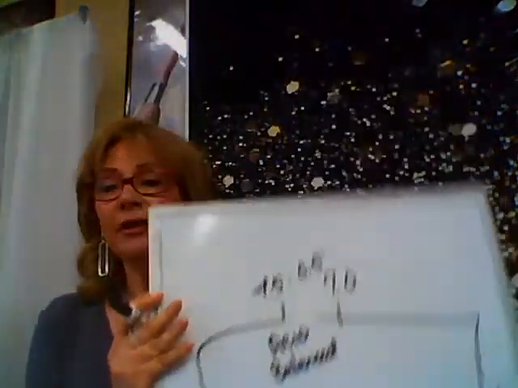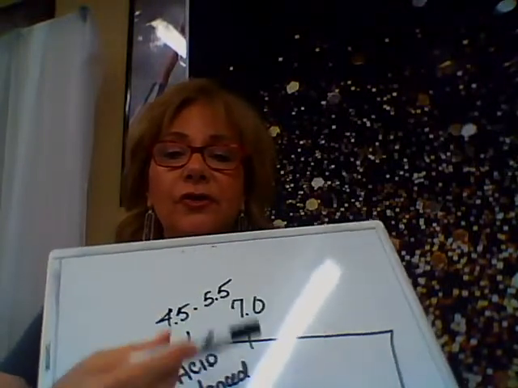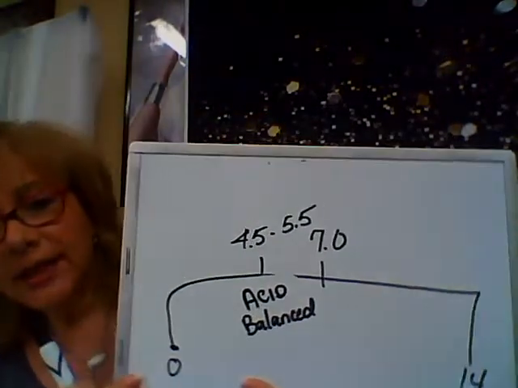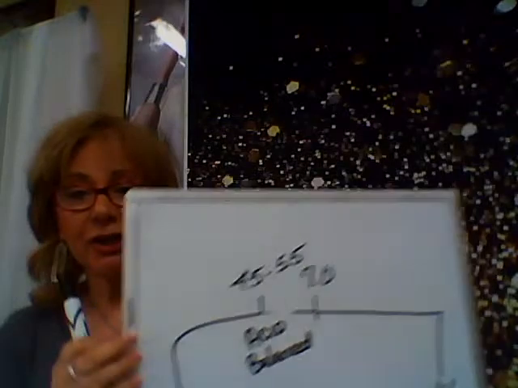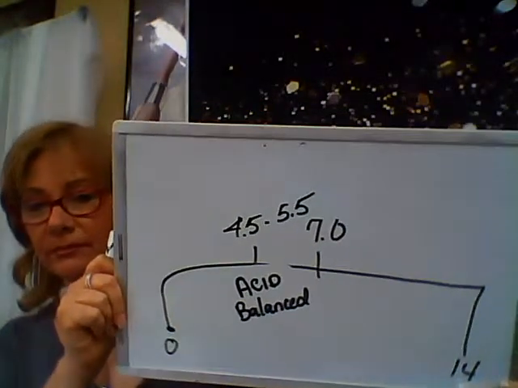And the reason it's called acid balanced is that's where your body should be. So believe it or not, neutral, when you think about it, neutral, which is water, is higher in pH than hair, skin, and nails. Okay, so write that down.